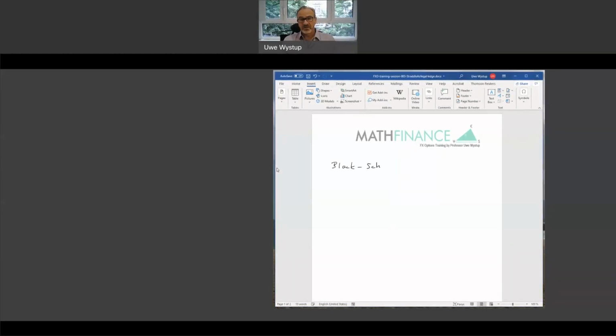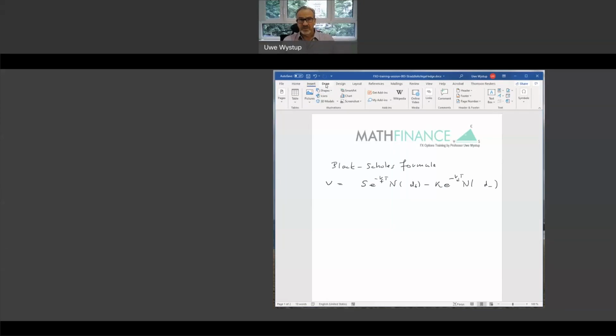So we take the Black-Scholes formula, which is the value. Let's recap that. That's spot discounted at the foreign rate times N of d plus, minus strike discounted at the domestic rate times N of d minus. And then we can put this variable phi inside here.